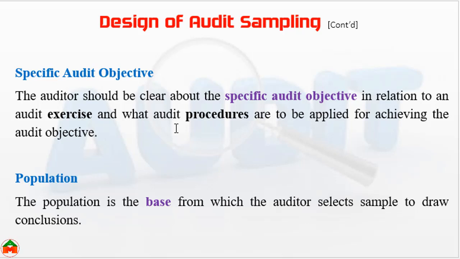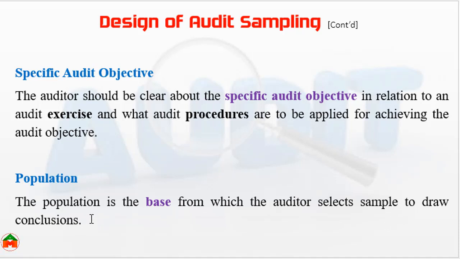And the second issue for designing the audit sampling is the auditor should know the population. The population is the base from which the auditor selects sample to draw conclusions.